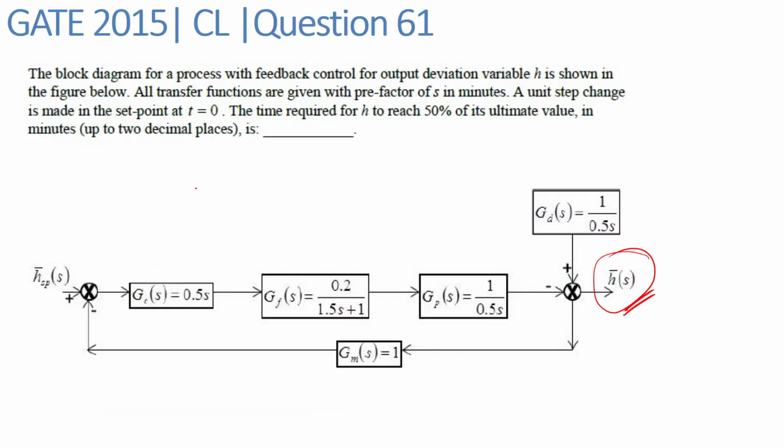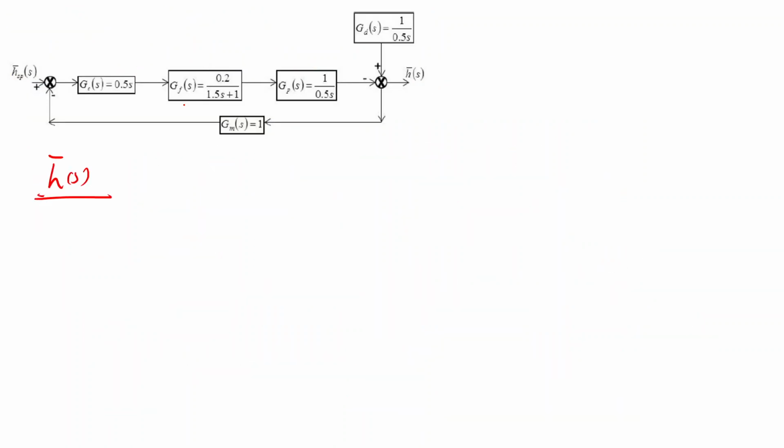In the given question we have been given a unit step change in the set point. Since we are providing a unit step change in the set point, hsp will become 1 upon s. So let's replace it over here.